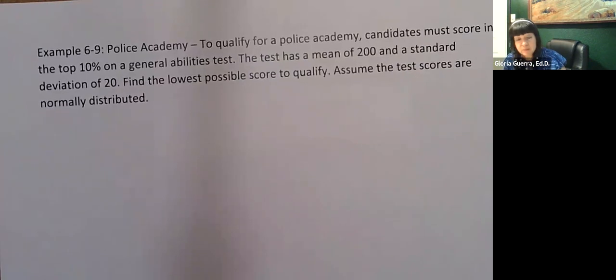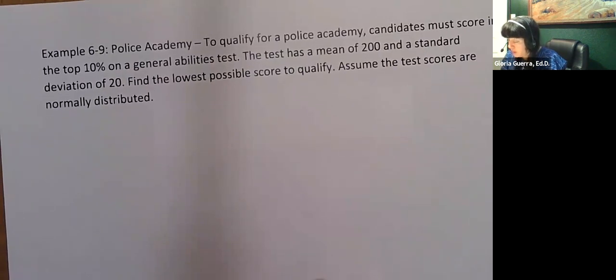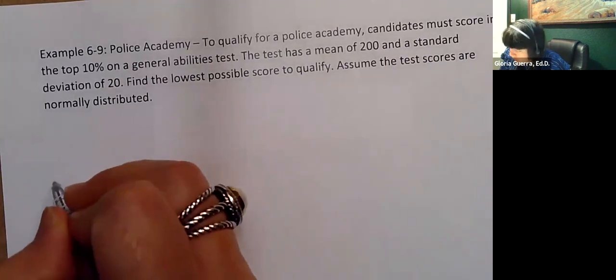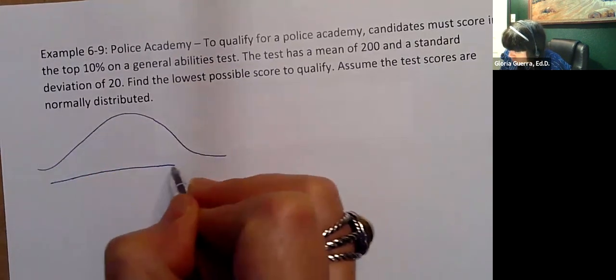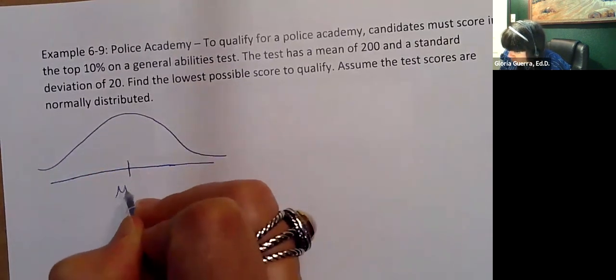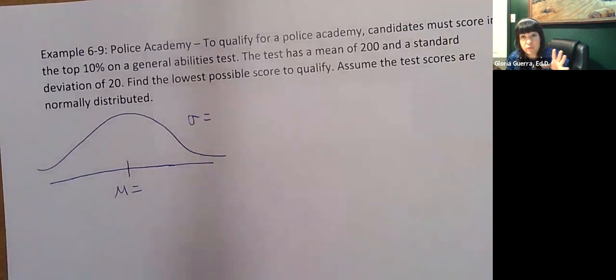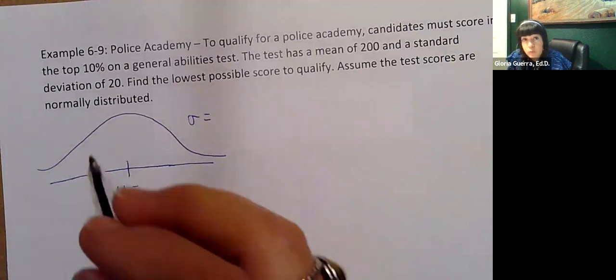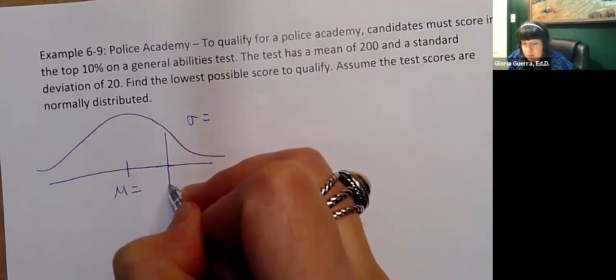And so the problem says that to qualify for a police academy, candidates must score in the top 10%. Okay, so you know the whole graph is 100%. When we say the top 10%, we can do something like this.